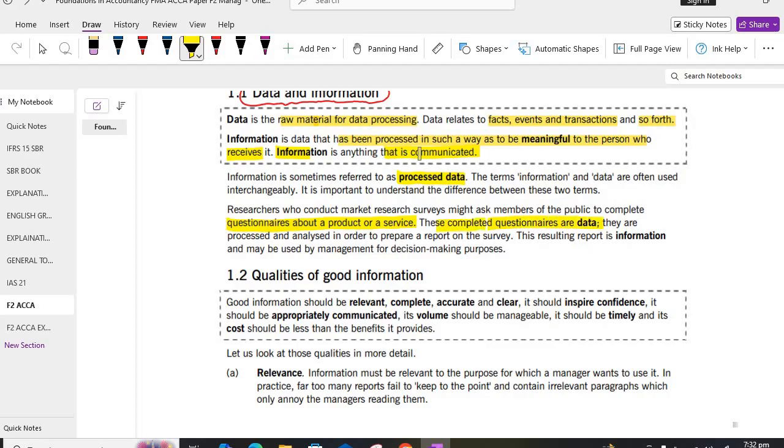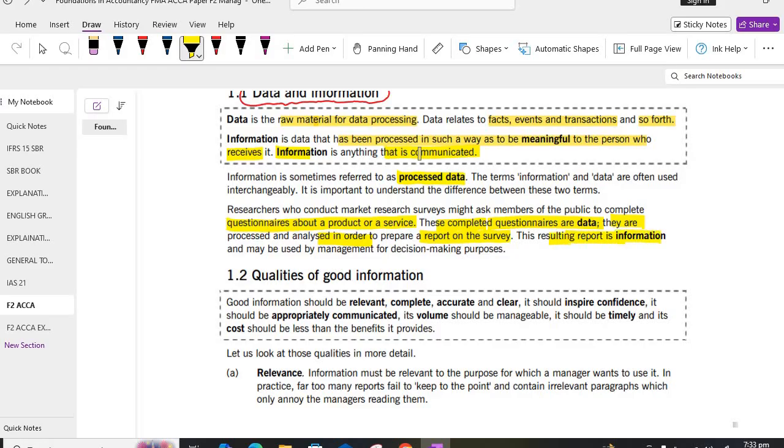Now these completed questionnaires are data. So we have discussed that the questionnaire responses in a market survey are the data. Now they are processed and analyzed in order to prepare a report on the survey, and this resulting report is information.